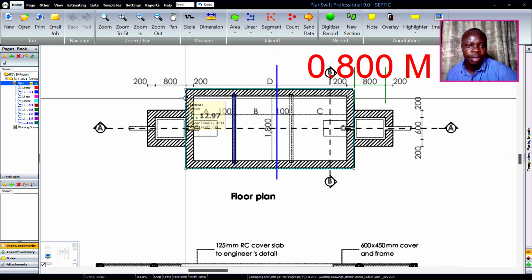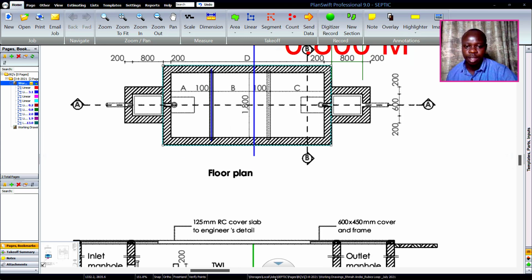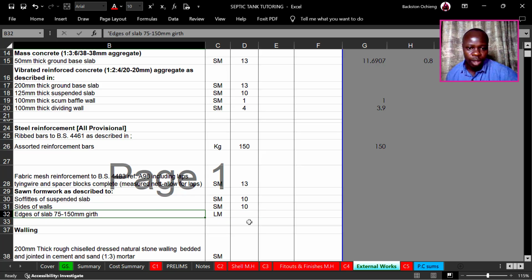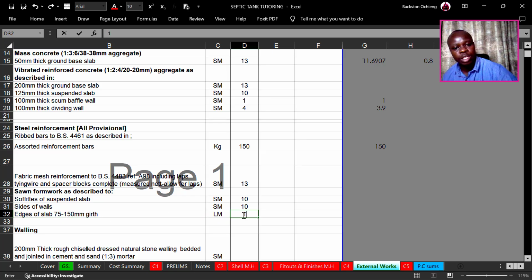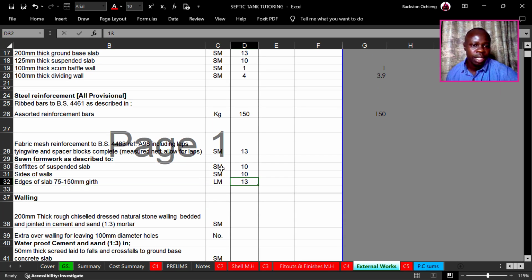Then click stop. This gives us 12.97 meters, okay? So we get back to our BQ. 12.97 to the nearest whole number gives us 13 meters.